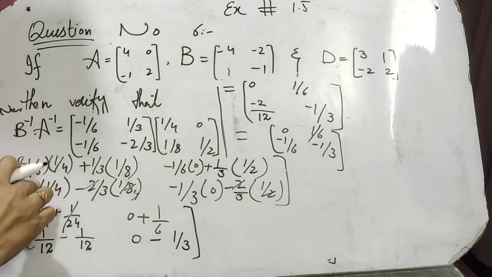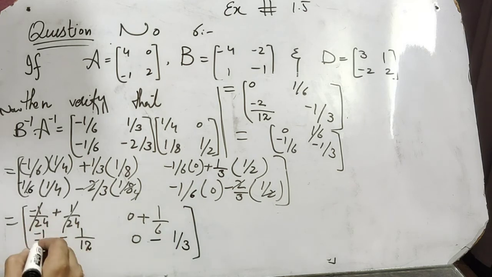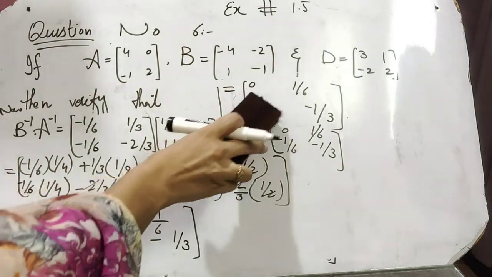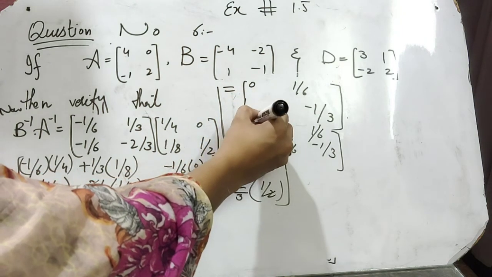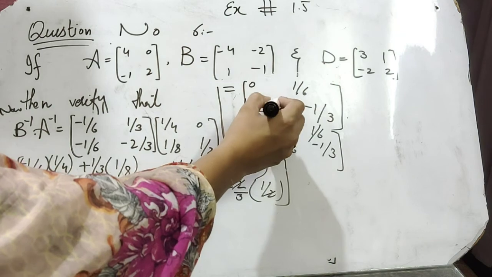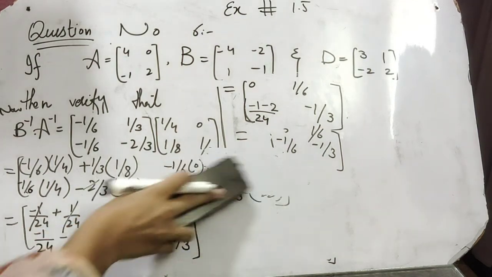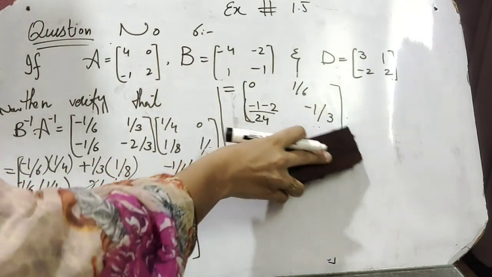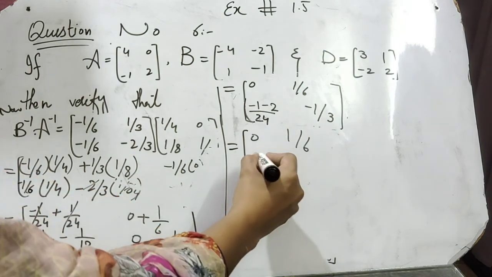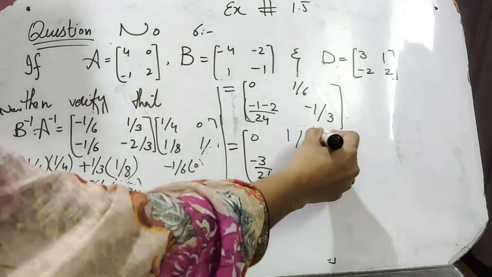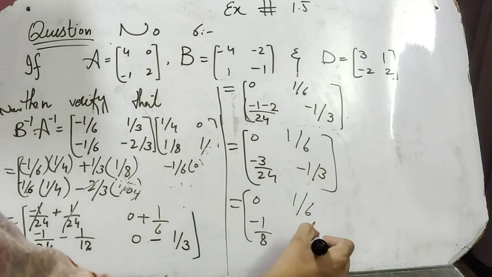Here is 1 by 6. This is 1 by 6. This is also 1 by 6 and this is 1 by 24, and it will be equals to, taking LCM here, we get 24 minus 1 minus 2, and it will be equals to 0, 1 by 6 minus 3 by 24, -1 by 3, and it will be equals to 0, 1 by 6 minus 1 by 8 and 1 by 3.